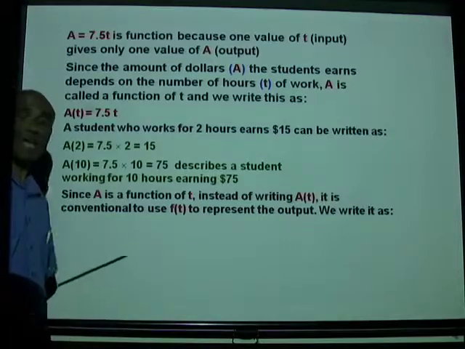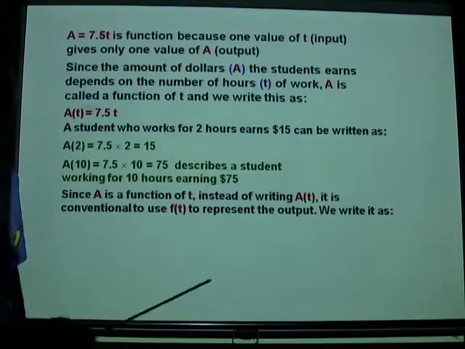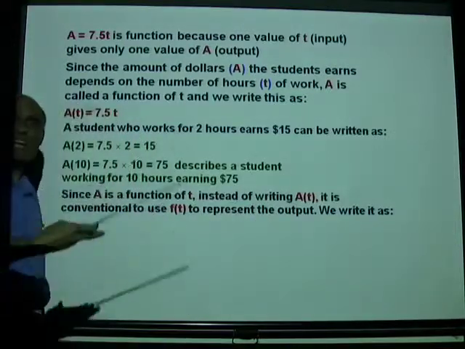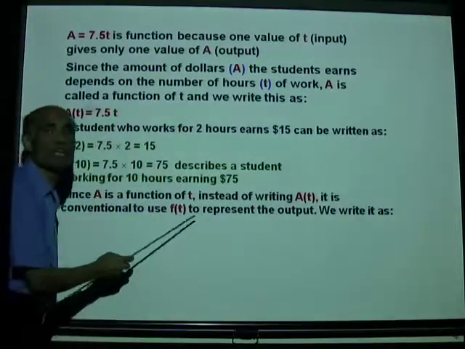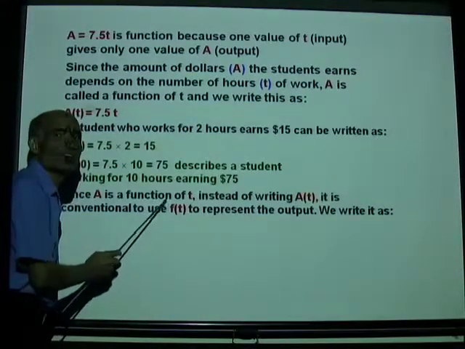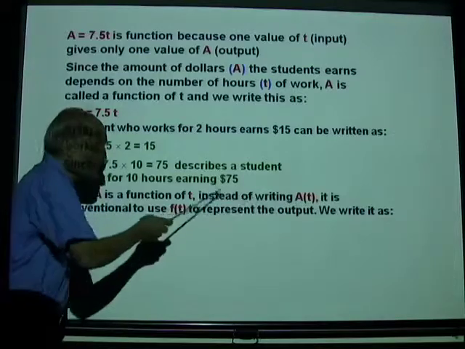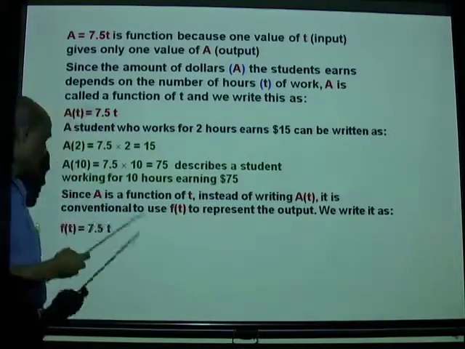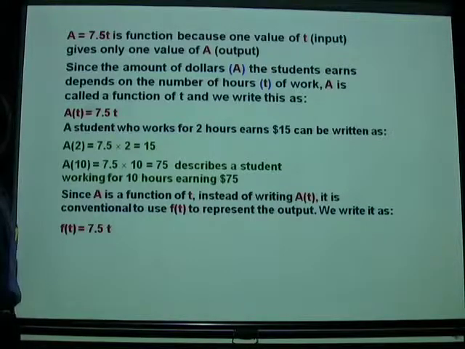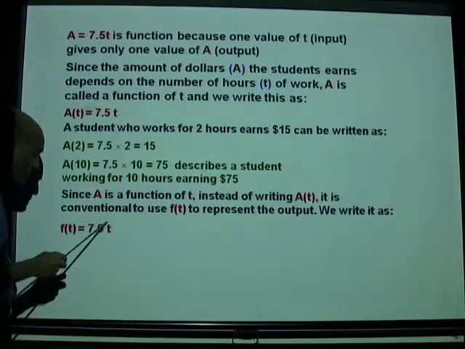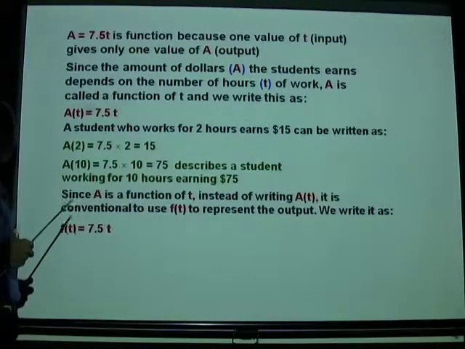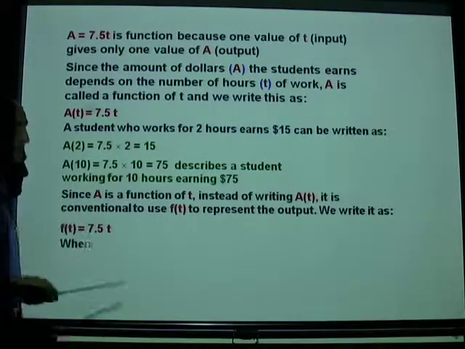Now, since a is a function of t, instead of writing a of t, it is conventional or customary to use the notation f of t. See, a of t is actually the same as f of t. So I can write f of t equal to 7.5t. In this relation, t represents the input and f of t represents the output.